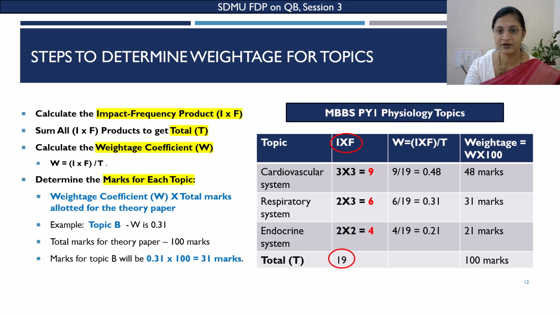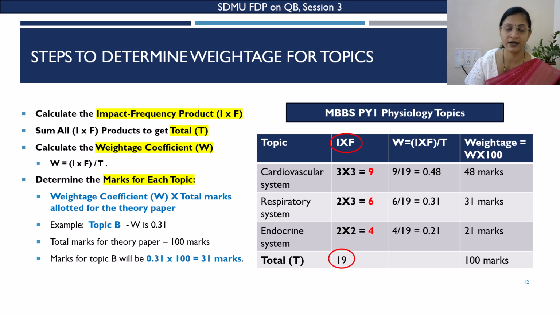See here, impact frequency may not match with the physiology or it may not match with the general medicine. It is subjective and you can decide your impact and frequency based on the clinical condition or if you want to go system wise. So sometimes what may happen, the competencies given under physiology may be very less, so they must have considered it on a lower side for endocrine system.